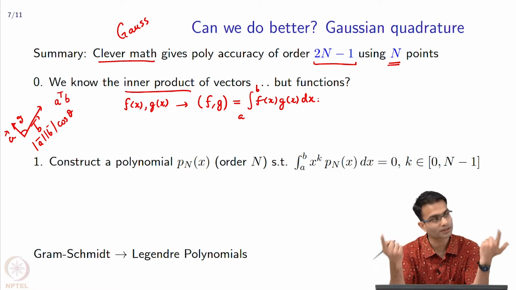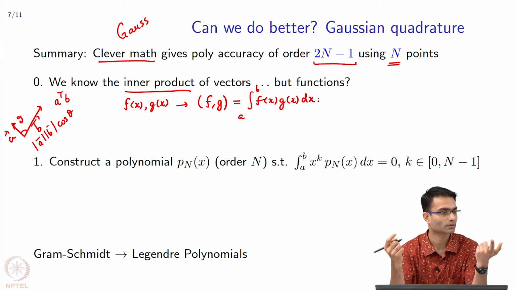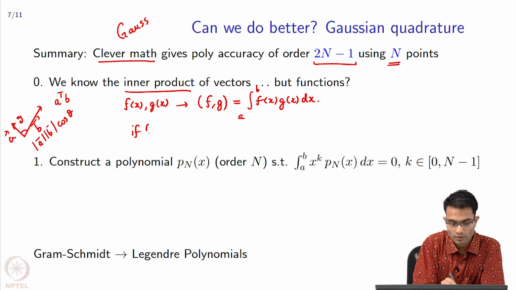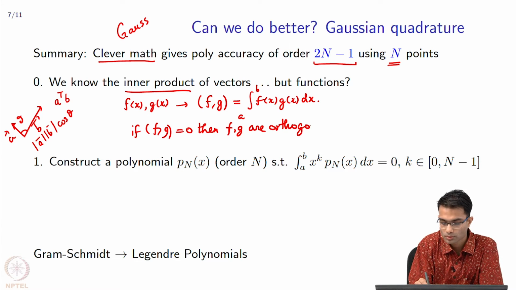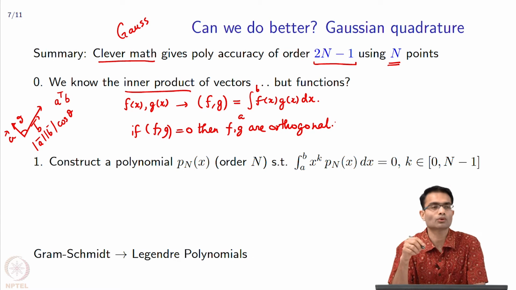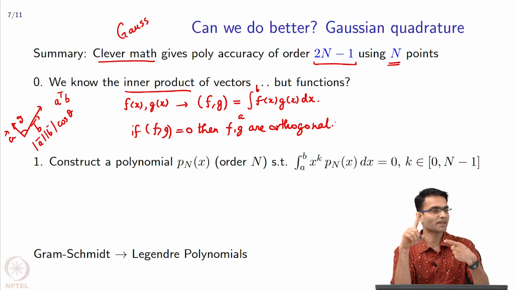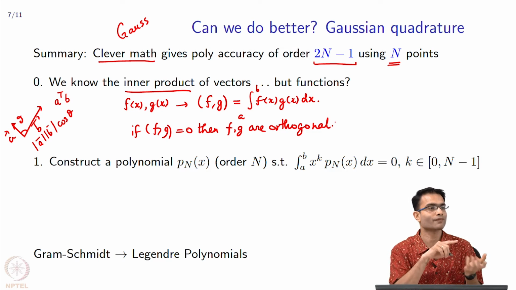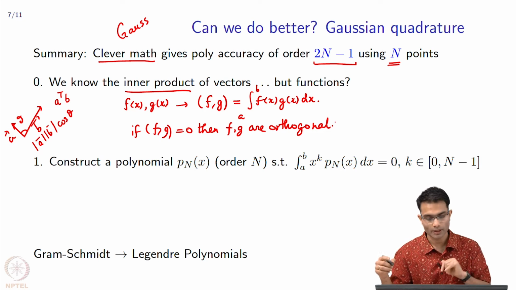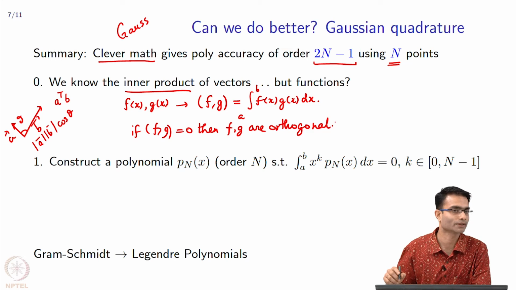We say that these two functions are orthogonal to each other. So if f comma g is equal to 0, then f and g are orthogonal. You can no longer visualize it as two arrows in space, but that is the price you are paying for some abstraction. Now you have abstracted the idea of a dot product from vectors to functions, and you can talk about orthogonality.